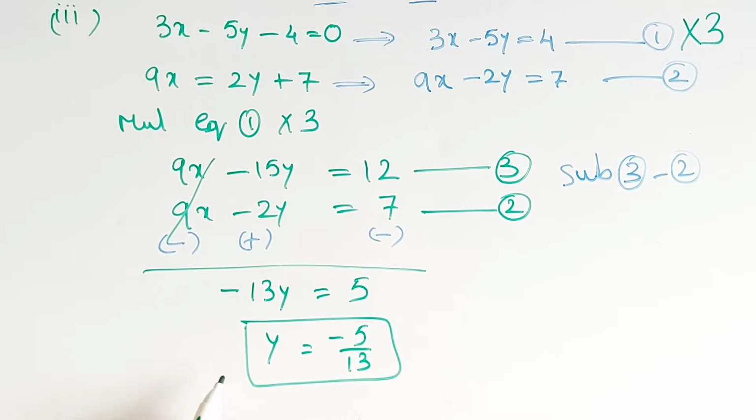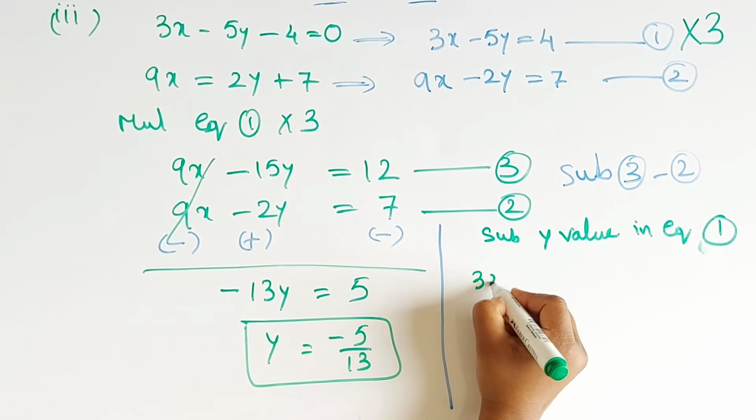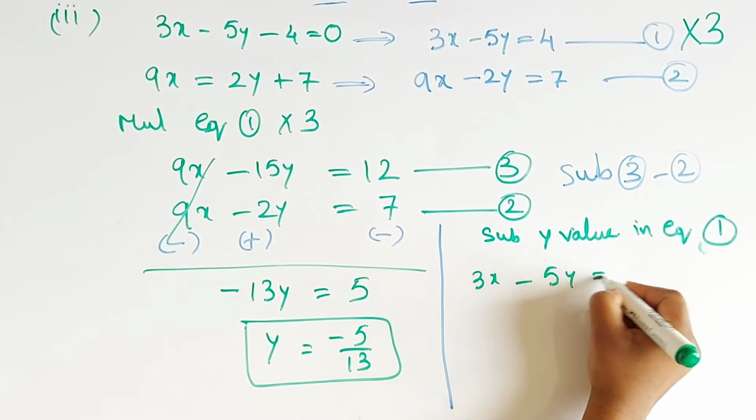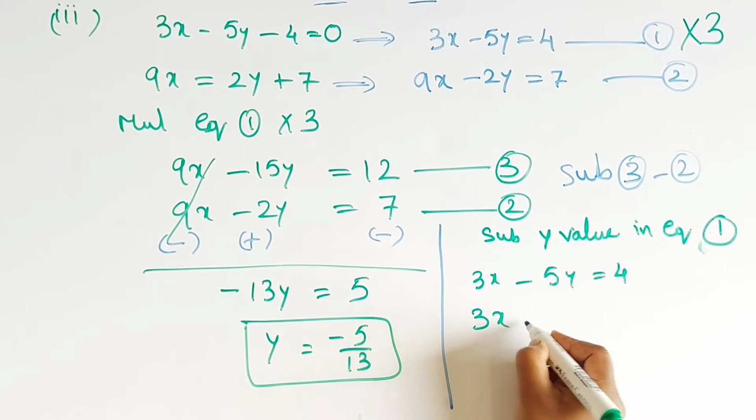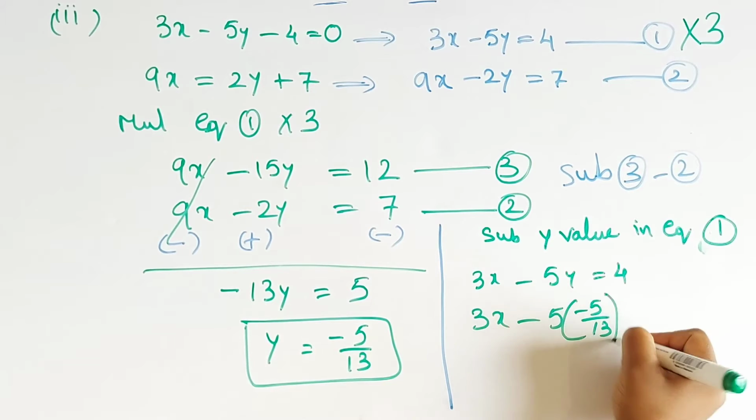Now we have to substitute the y value in any one of these equations. Here we are substituting the y value in equation 1. That is 3x minus 5y equal to 4. 3x minus 5 into y, that is minus 5 by 13, equal to 4.